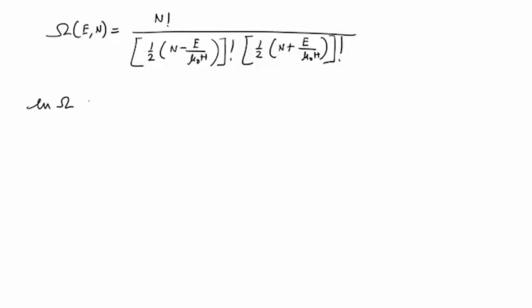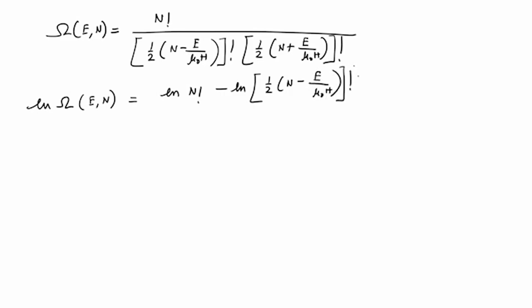Okay. So, log of omega is what is important, and when you want to take log of omega, you have to take the log of this N factorial minus the log of these two terms, which are half of N minus E over mu 0 H, and minus log of half of N plus E over mu 0 H. Okay.